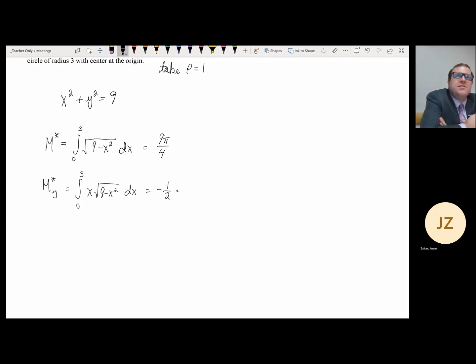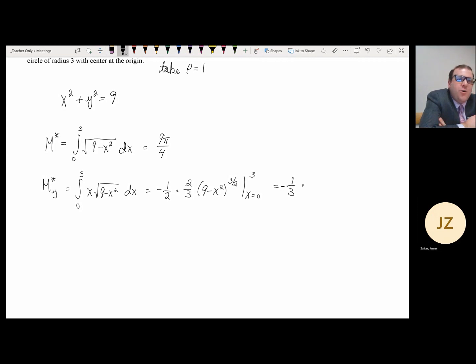U to the 1/2. 2/3 u to the 3/2. Negative 1/3 times 9 minus x squared to the 3/2 from 0 to 3.